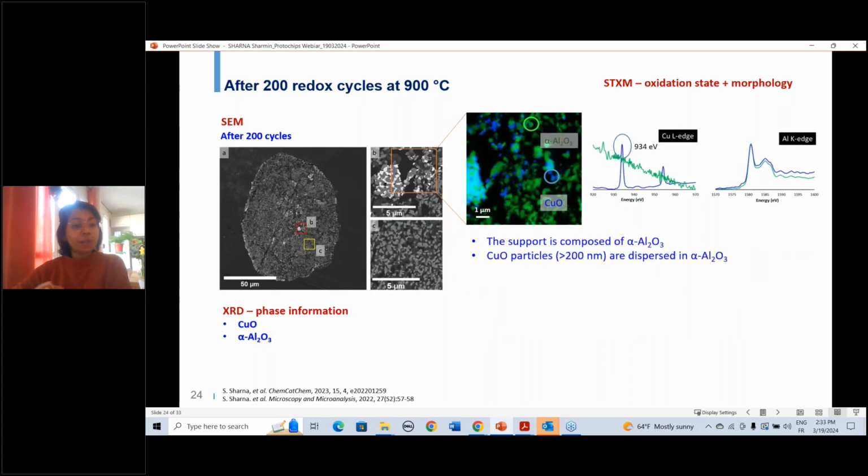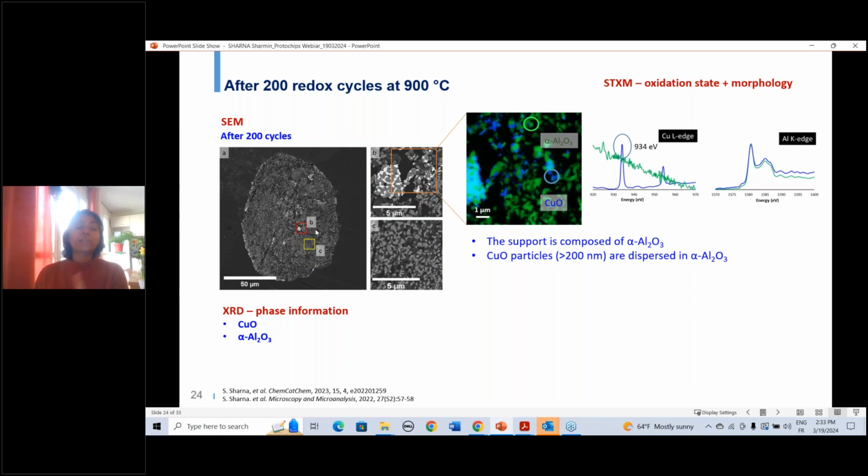After about 200 cycles, the material is now completely transformed towards alpha alumina, and there is no more copper aluminate left. Instead, we have copper oxide. Clearly in this case, the copper oxide is segregated within the alumina network.